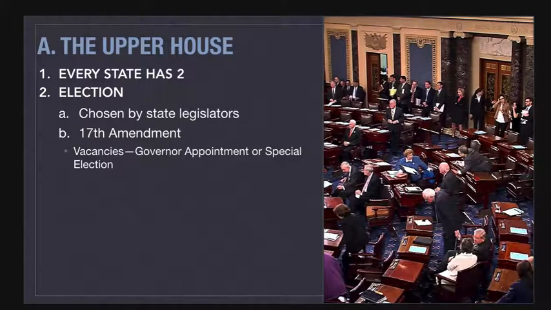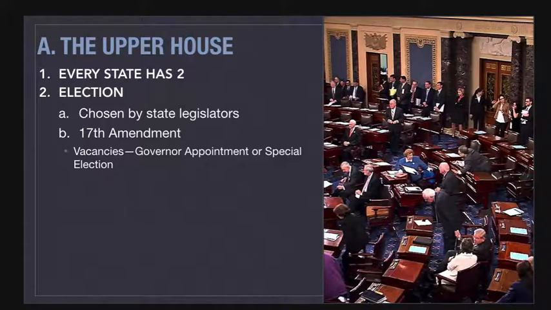Those who are elected were originally elected to their position by the state legislators. They would choose the 2 people that they wanted to represent their state, and the people had no say. Of course, we know, because we've studied the amendments, that the 17th Amendment changed this to where the people now directly elect their senators. Now, the senators do represent the entire state as a whole.